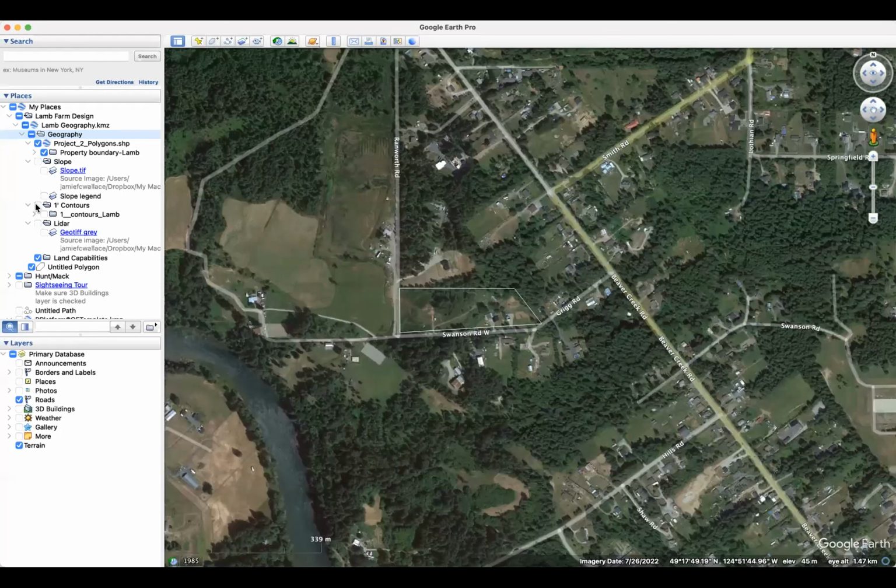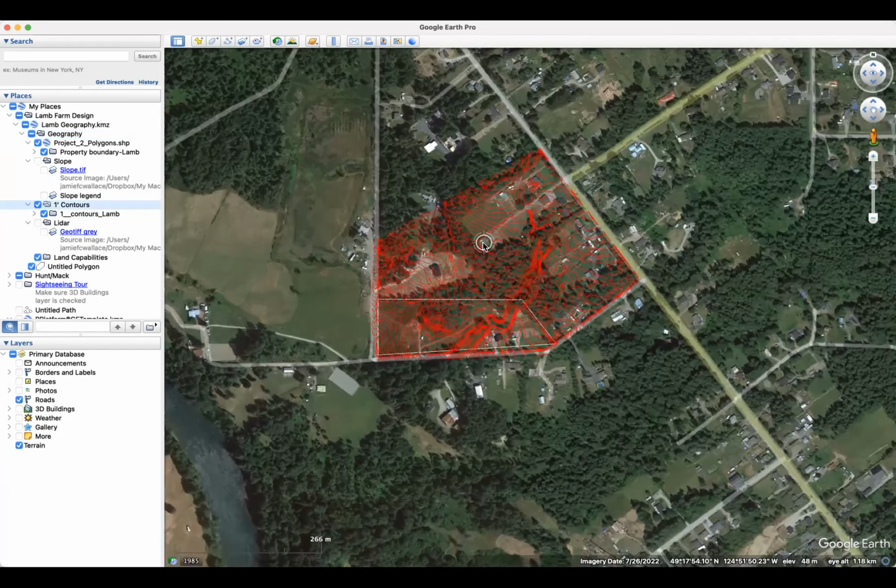We're very lucky, we have a public LiDAR database, and we can grab raw data from there and convert it with a software called QGIS. With that, we're able to create contours. Well, the software creates it for us.